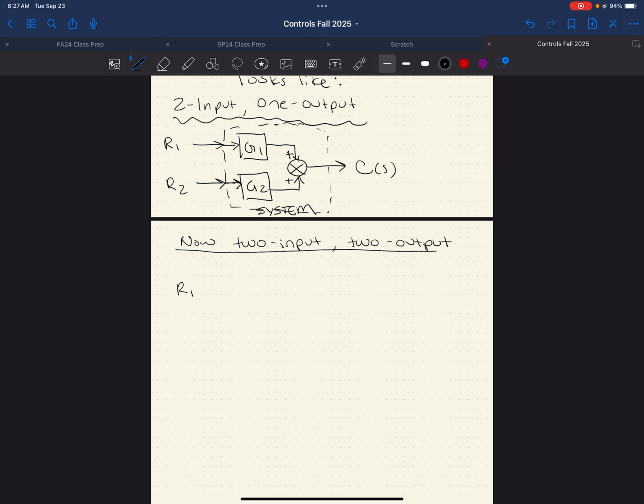I have R1 of S comes in, maybe to some transfer function G11. And that has some effect on output 1, C1 of S. Okay, but it also has some effect on C2. So let's take a copy of R1 and we'll bring it down this way.